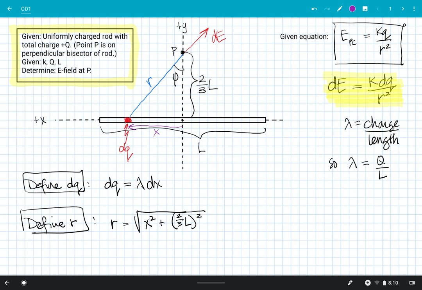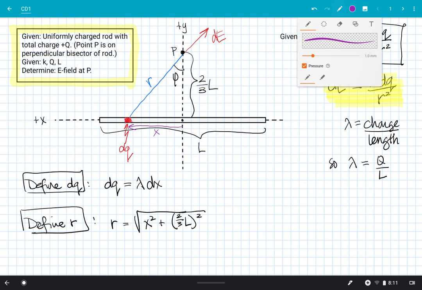R locates the differential element with respect to the point of interest. I'm going to say that one more time. X locates the differential element, dq, with respect to our coordinate system, which we choose every time. R locates the differential element with respect to the point of interest. Okay, different roles. We're connecting them here when we define R. All right, so we've got R defined.